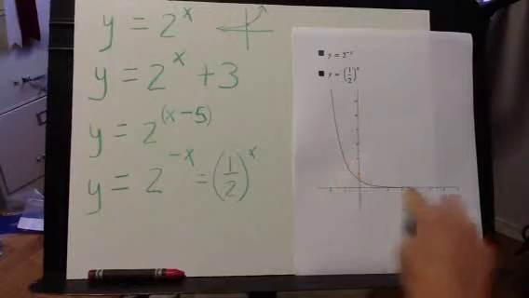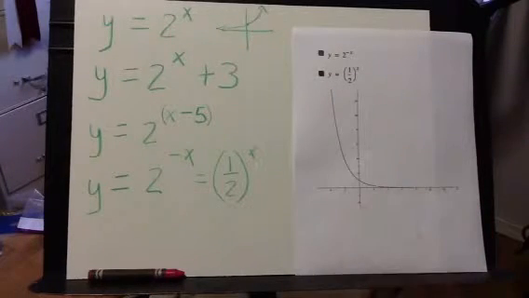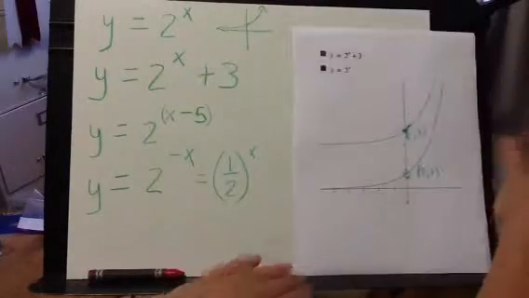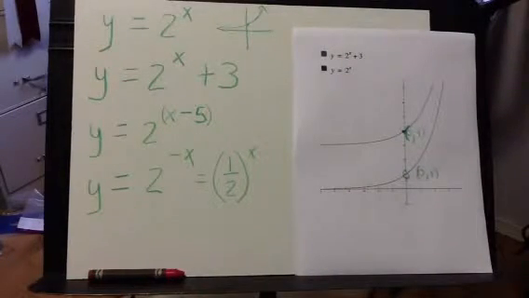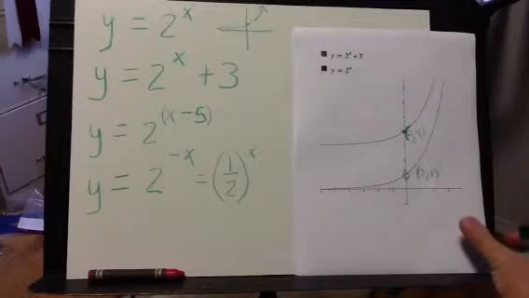So those two yield exactly the same function. Those are falling from left to right. We call those exponential decay, whereas this one is an exponential increase, because they are rising from left to right.